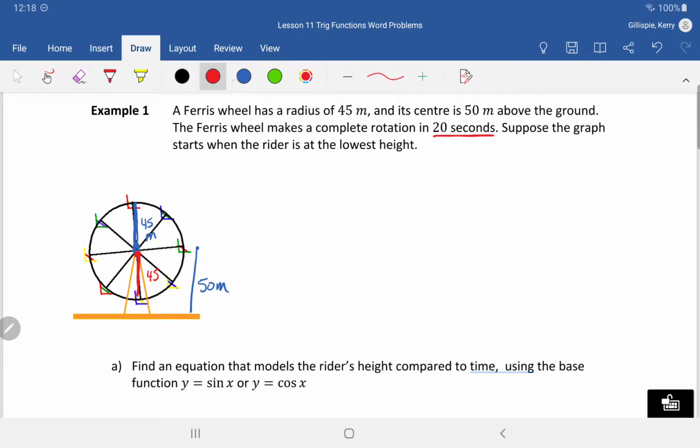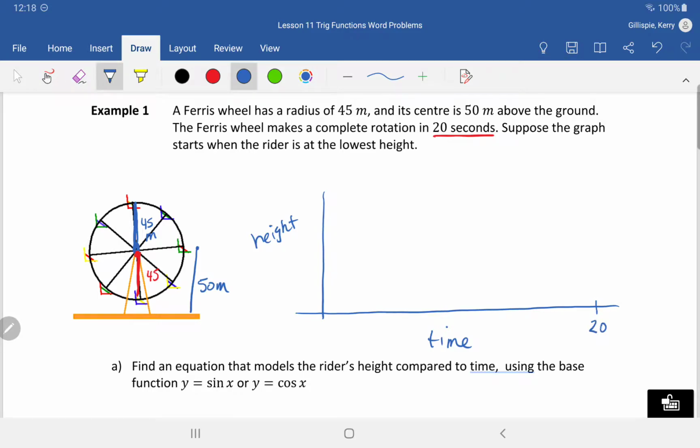So what we're going to do is graph what we know so far. We're going to have height on the y-axis, time on the x-axis, and we know it takes a full 20 seconds to complete a rotation. We're just going to graph one rotation.